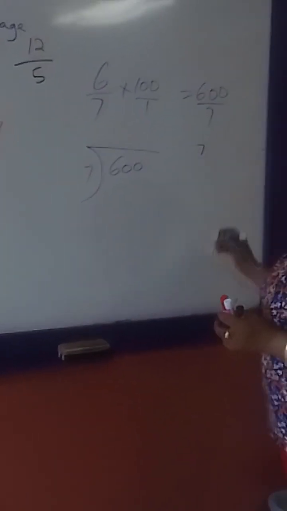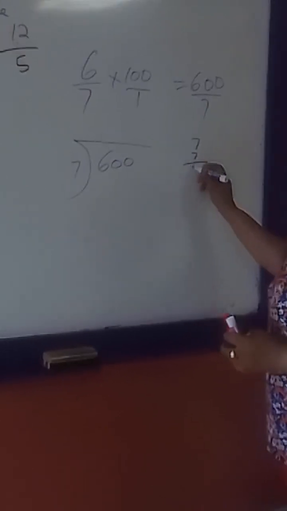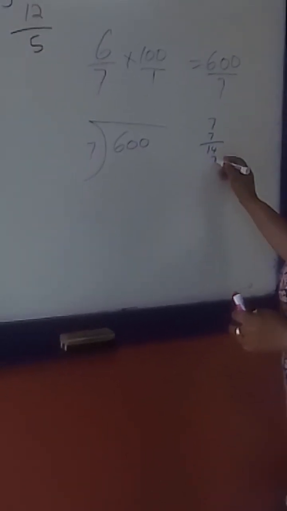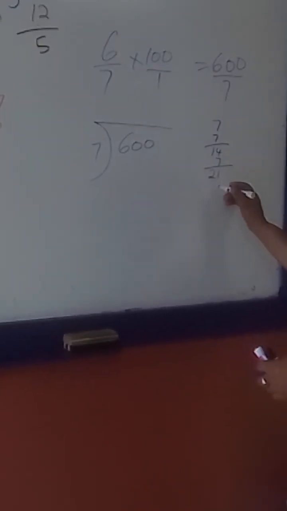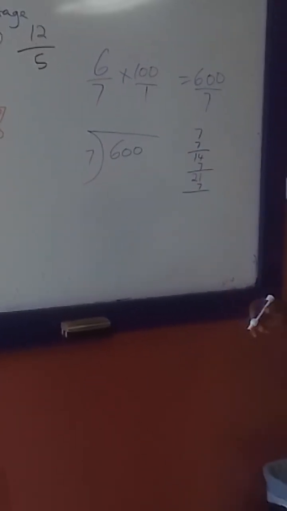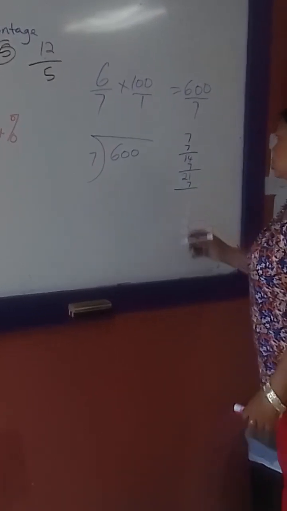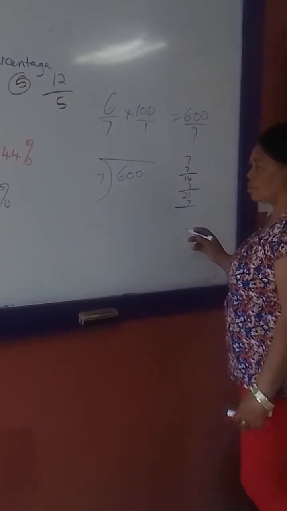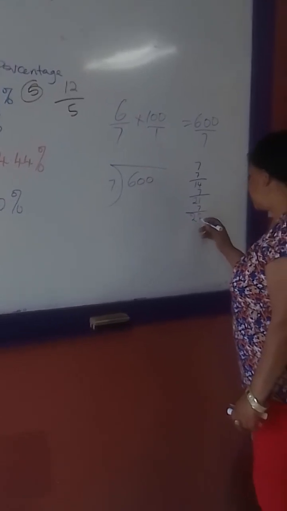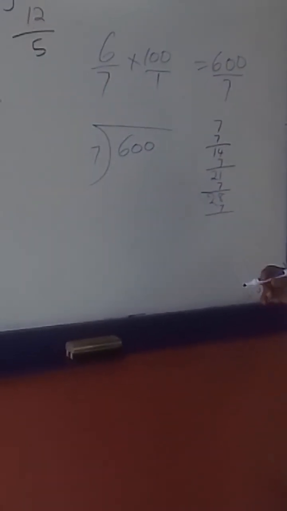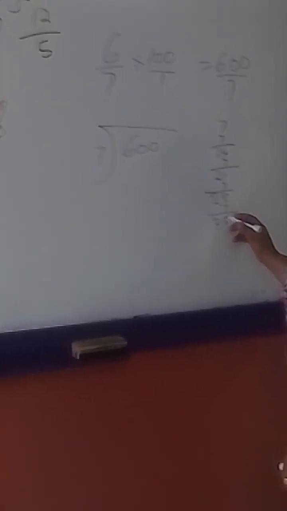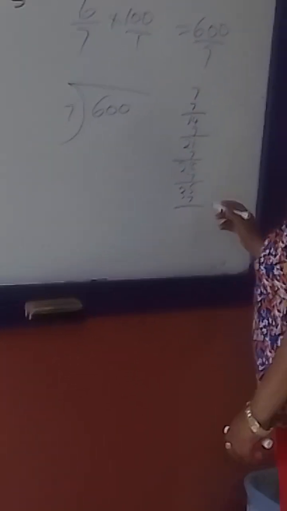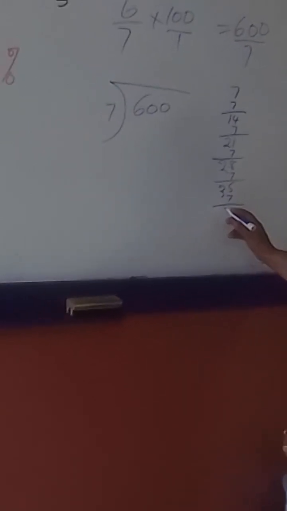So it's 7 plus another 7 is going to be 14, plus another 7 is going to give me 21, plus another 7, 28. Plus another 7 I'm going to get 35, plus another 7, 42.